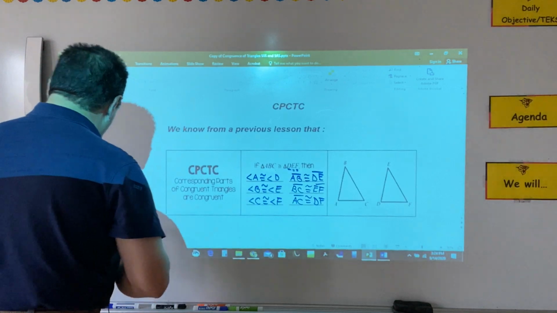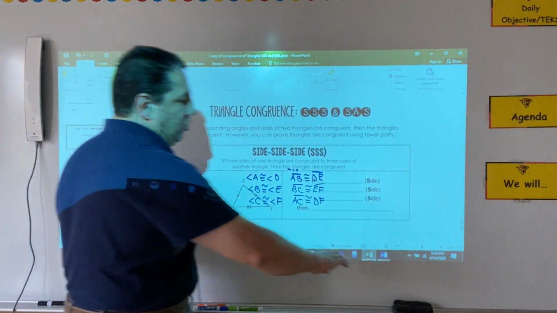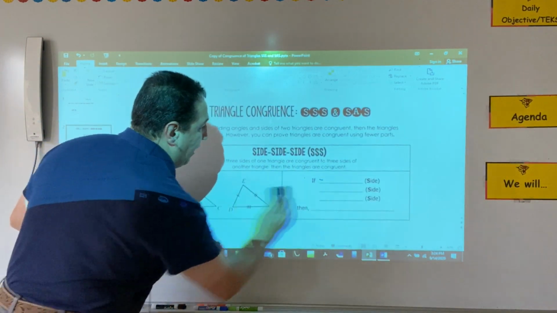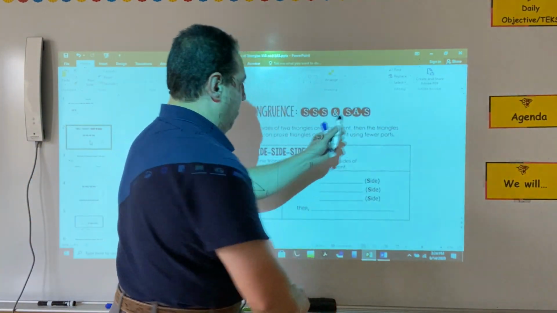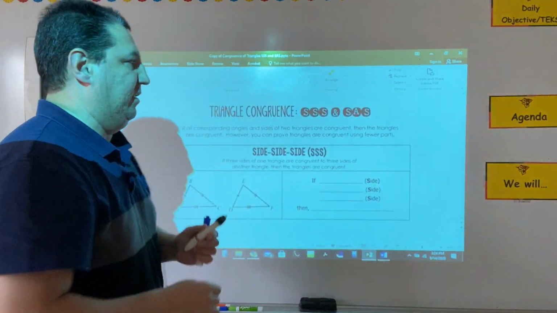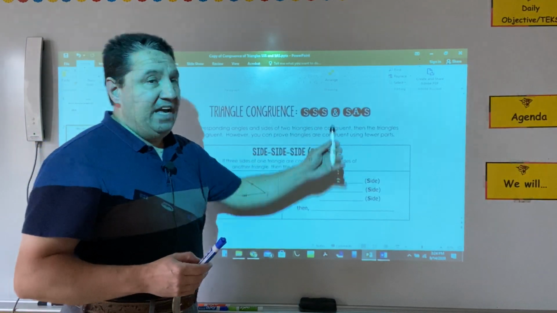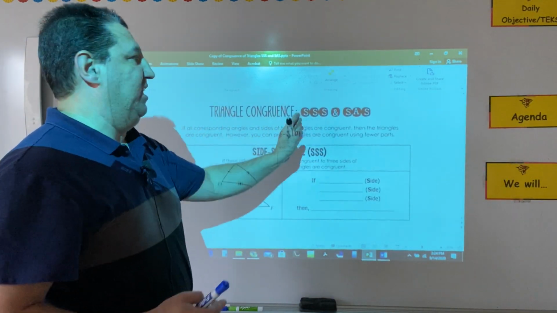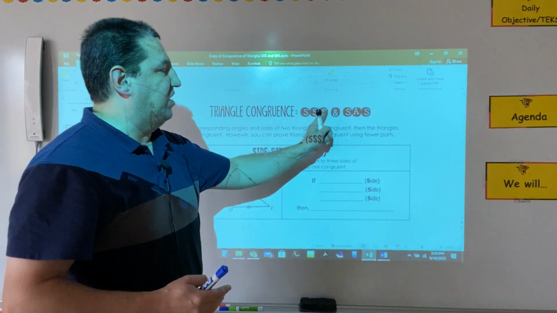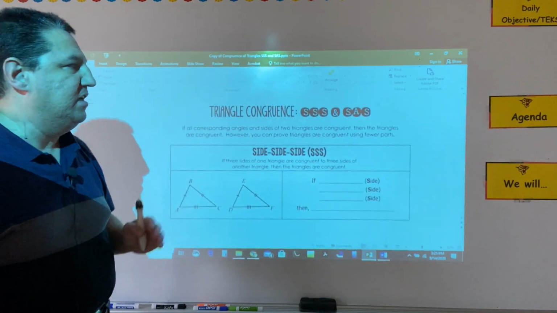First, we have these 2 combinations: SSS and SAS. We're going to talk about SAS a little bit later. But for now, SSS. SSS stands for side, side, side. What does this case state?